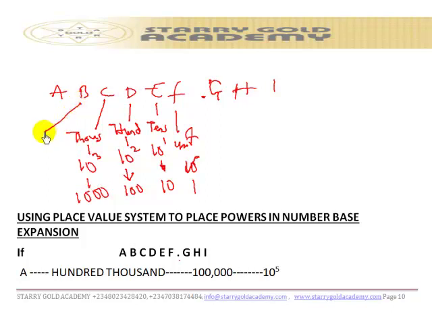B here is my tens of thousands, and that's 10 raised to 4. That's 10,000. A here is my 100,000.